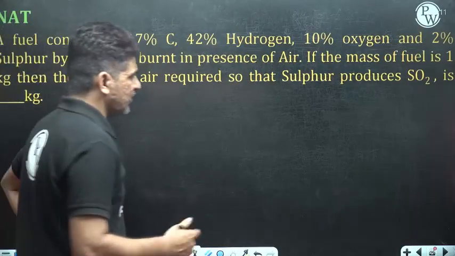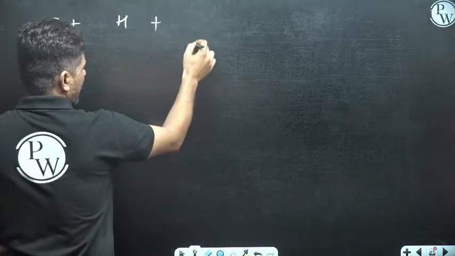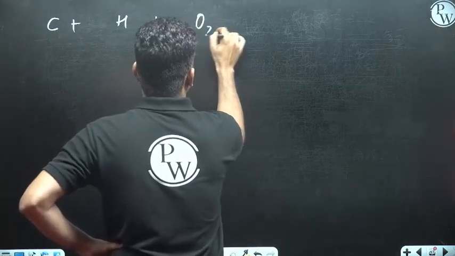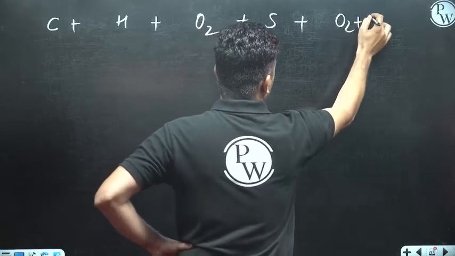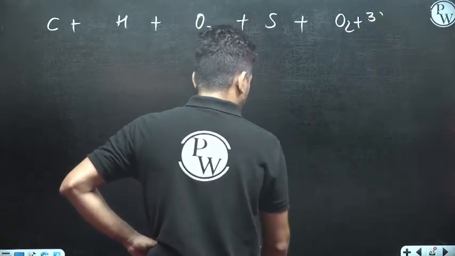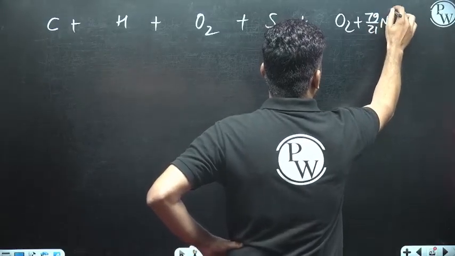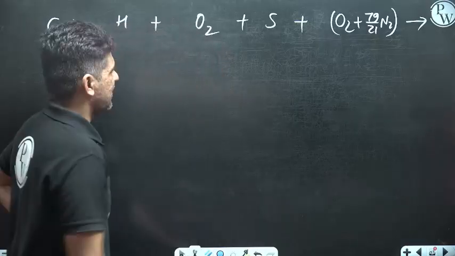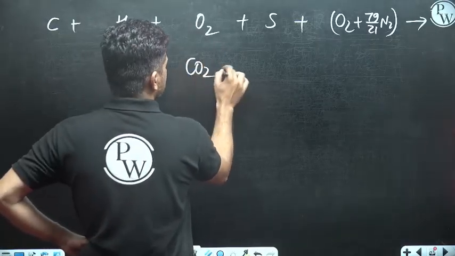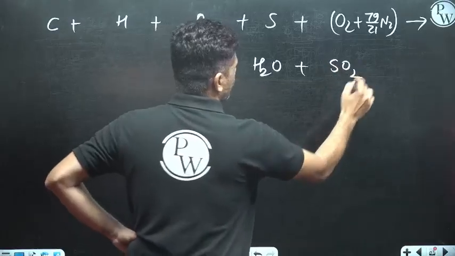So you have carbon plus hydrogen plus oxygen plus sulfur, and then you are supplying O2 plus 79 by 21 nitrogen, and when this is burning completely, it is producing CO2 plus H2O plus SO2.